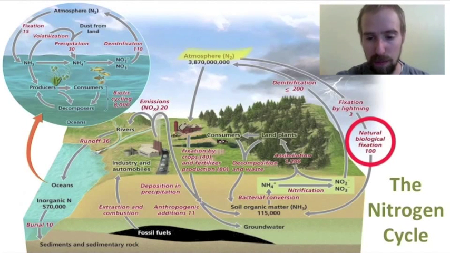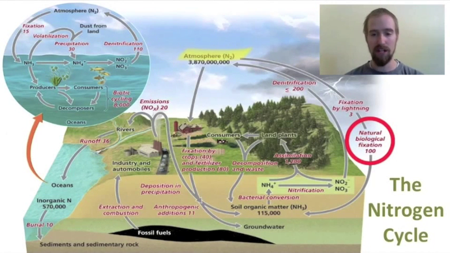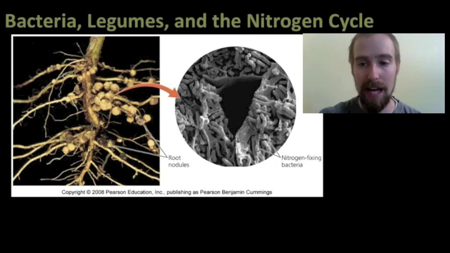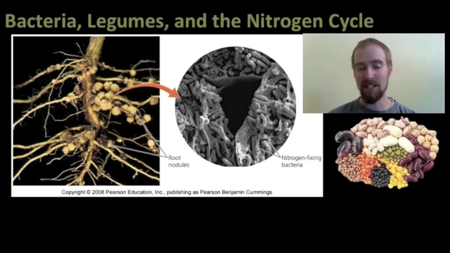And that's this part of the cycle right here, this thing that we call natural biological fixation. And it's carried out primarily by bacteria. Here in this picture, we can see a very special relationship between bacteria and these plants that we call legumes. And legumes are going to be plants like the ones that produce beans, lentils, peanuts, and things like that.